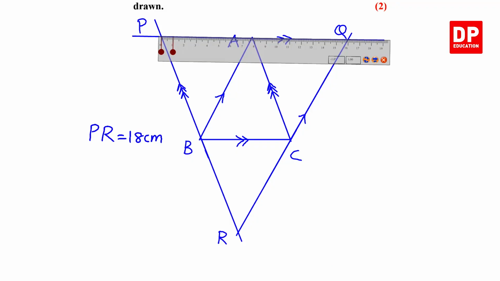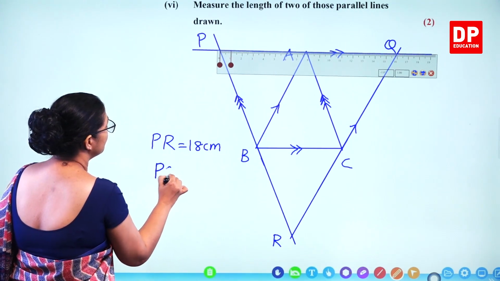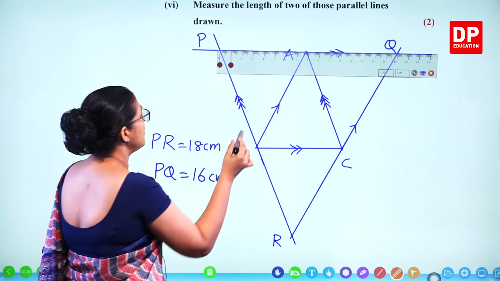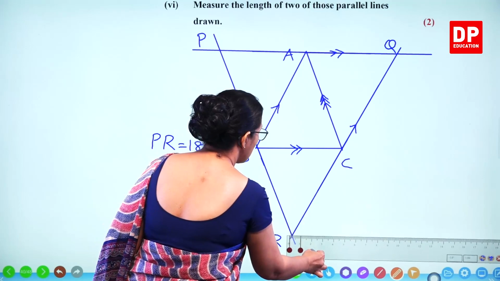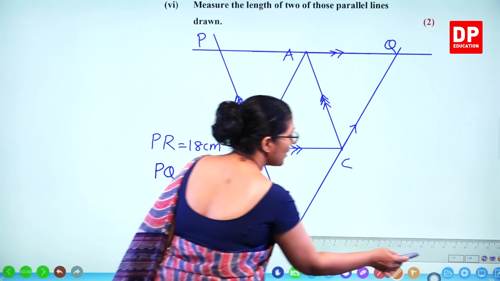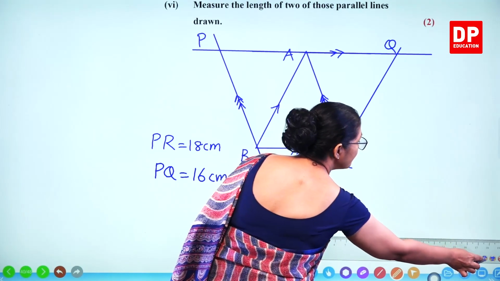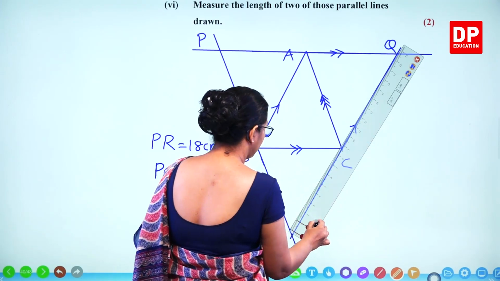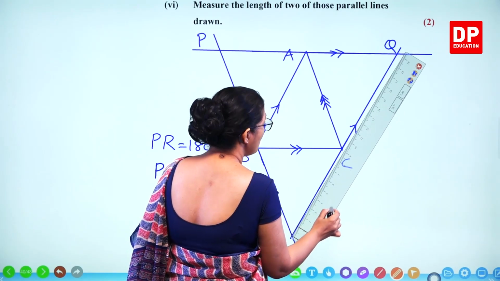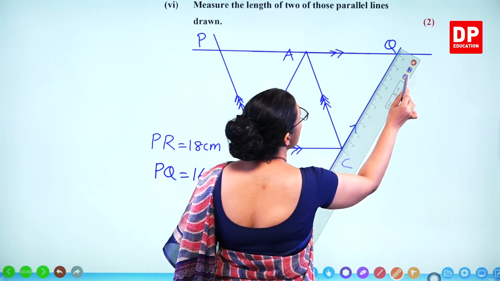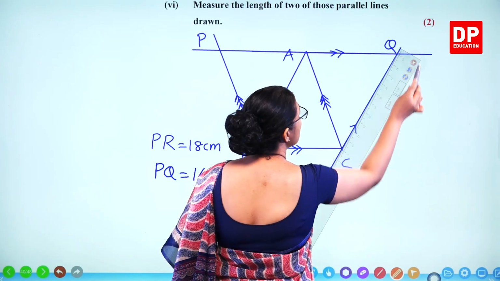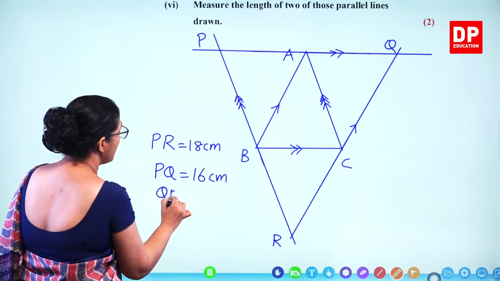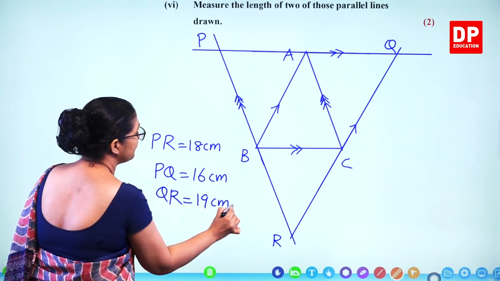That's 16, PQ, 16 centimeters. And if you want, you can measure the other side as well. So I'll do that. But you have to measure only two sides. So 19 centimeters, this is QR, 19 centimeters.